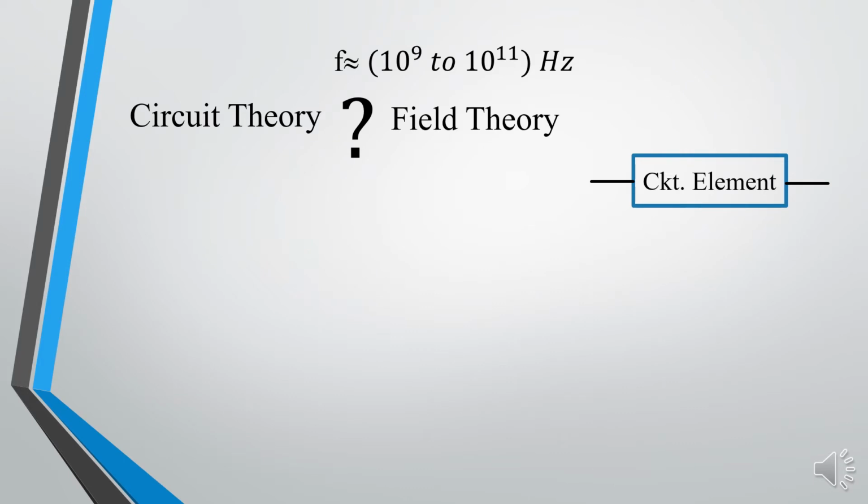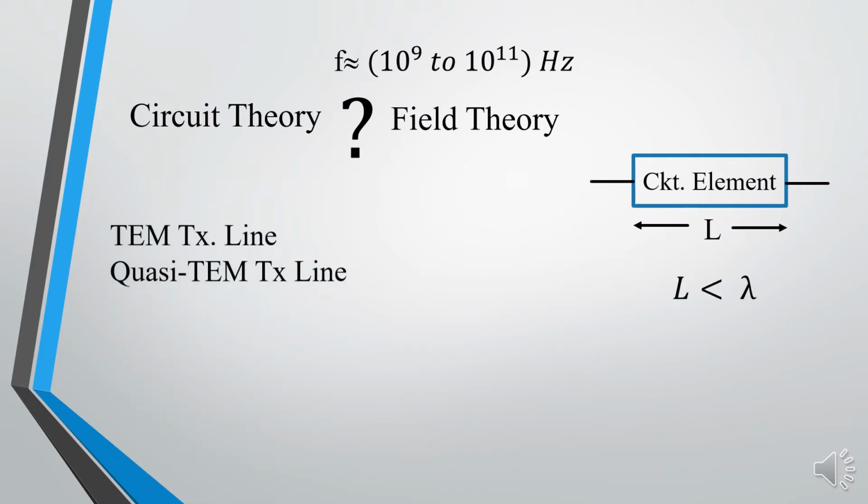Suppose we have a circuit element like a resistor or an inductor or a capacitor. The length of such a lumped circuit element is very small, 2 to 3 centimeters. If we compare this length with the corresponding wavelength of this frequency, 10 to the power 9 to 10 to the power 11, we can see that the length of the lumped component of the circuit is comparable with the wavelength of the incident field.